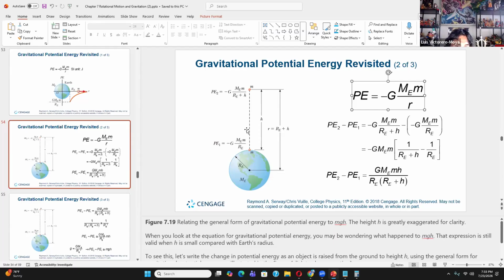As you go farther, your potential energy is increasing. Why is it increasing? Because it's less negative. All right. That's why P2 minus P1 is a positive number.